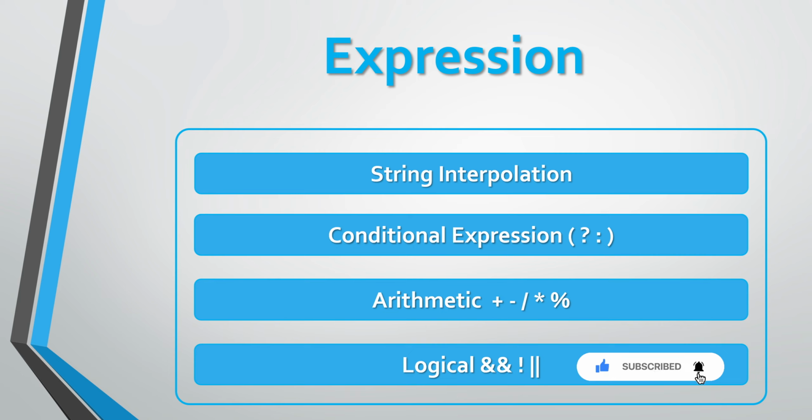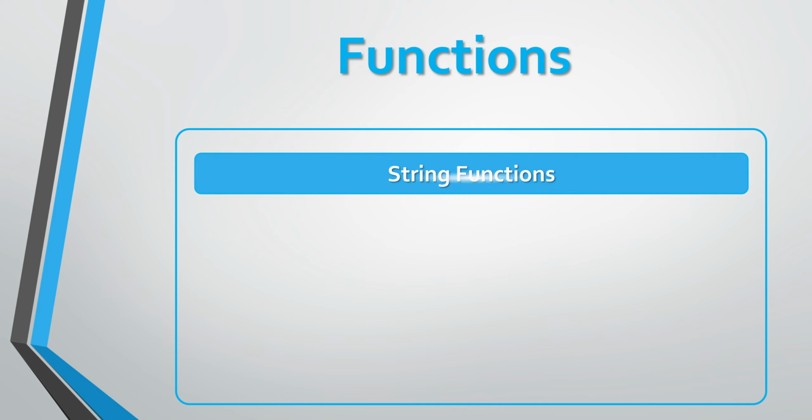Apart from loops and expressions, Terraform has lots of built-in functions, like string functions. Of course I will show you how you can find multiple functions based on your requirement from the Terraform documentation, and we will also learn how to use a function in Terraform.